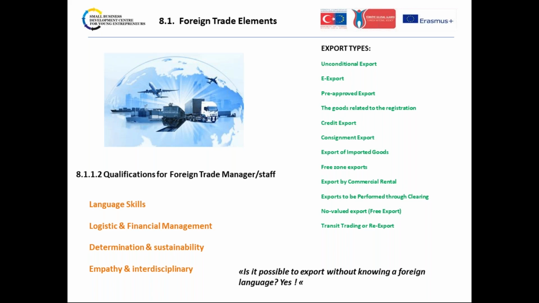And the final qualification that a foreign trade manager has to have is empathy and interdisciplinary skill. What is empathy? Of course, we are companies, but on another side, we are people. We are human beings. So we need to understand our counterparts, and we need to understand our customers' needs. For example, if you are in Japan and you shake your head, that means no in Japan.